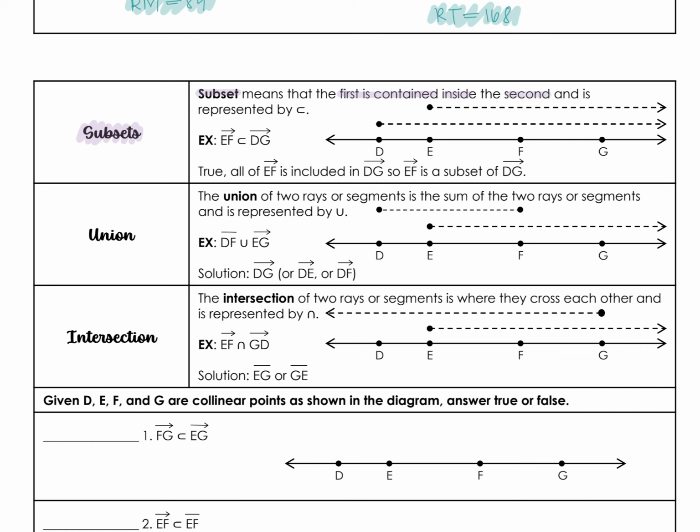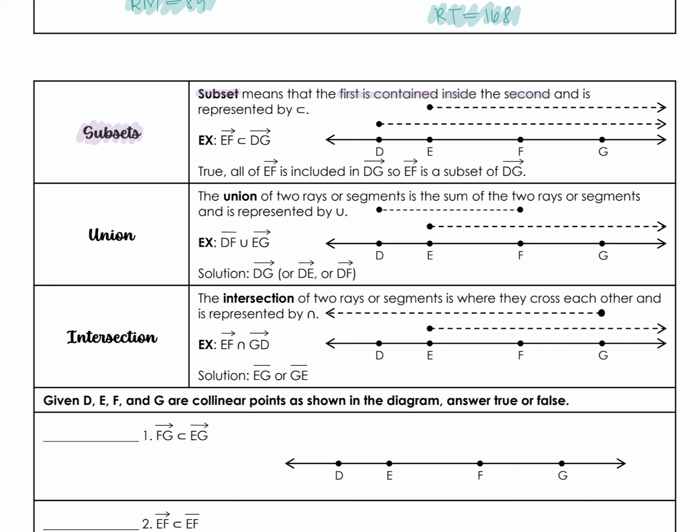Okay. Moving on to our union. The union of two rays or segments is the sum of the two rays or segments, and it's going to be represented by the U symbol.